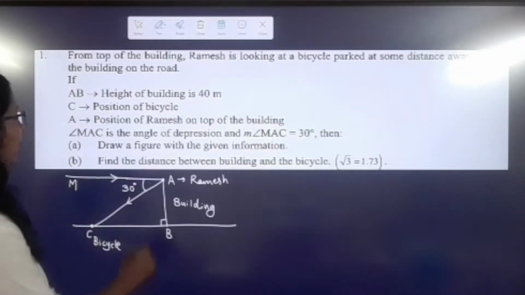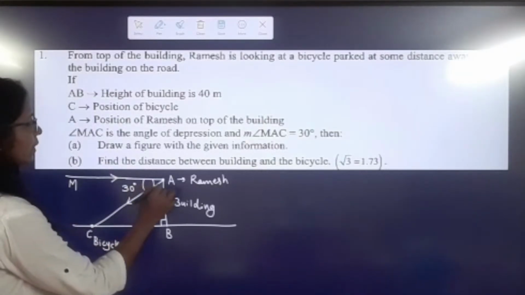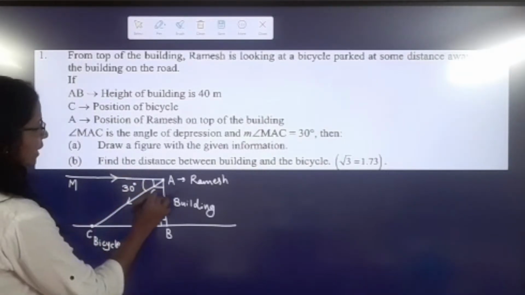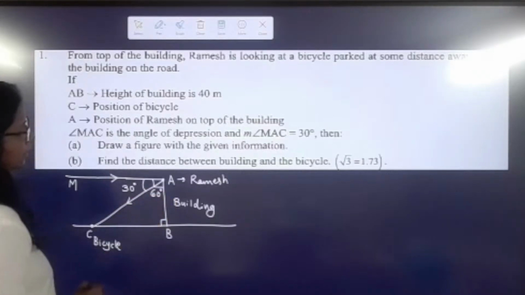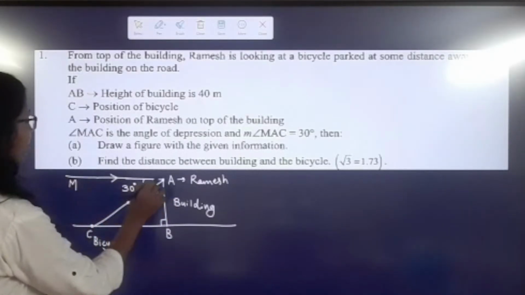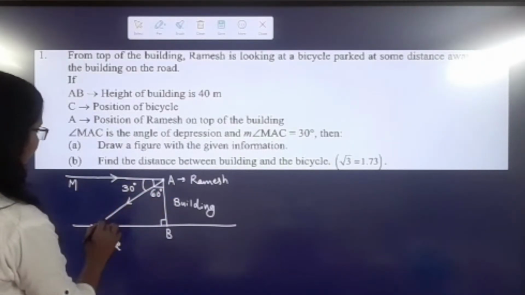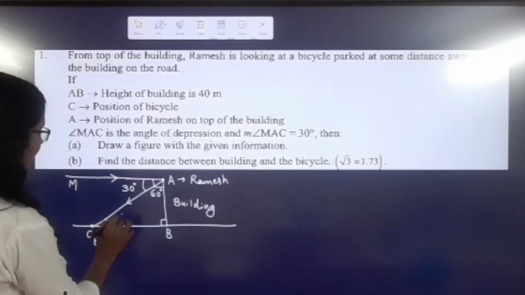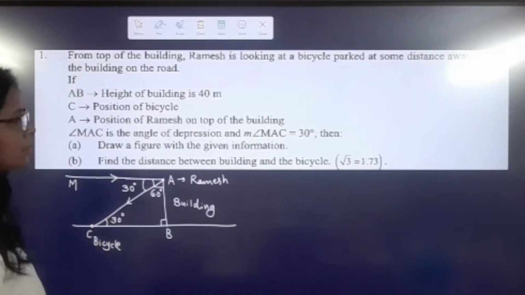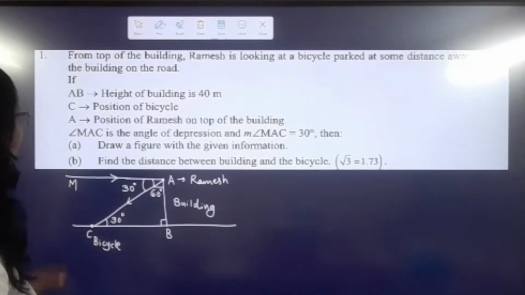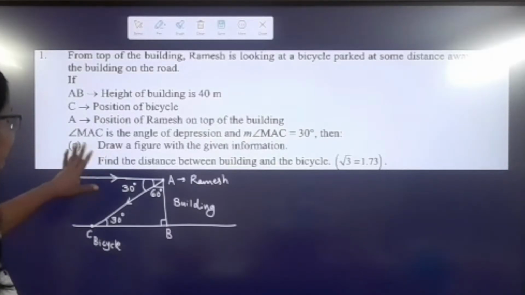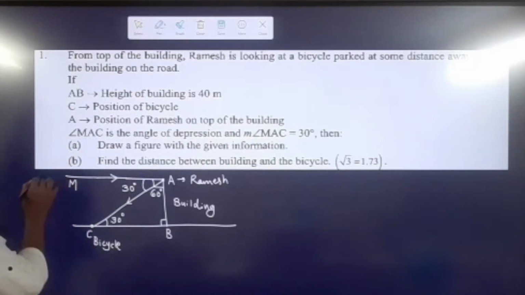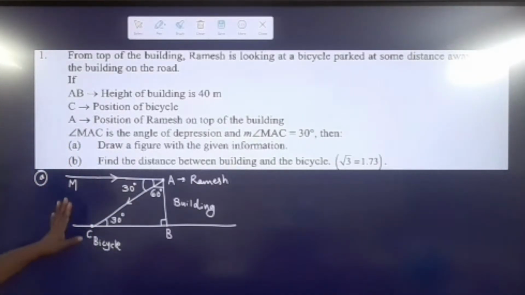Then here this angle will be 90 degree, student. So automatically this angle will be 60 degree. And here angle MAC is equal to 30 degree, so this angle becomes 30 degree. Okay, students. So this way we can draw the figure. So the first part, that A part, is completed.